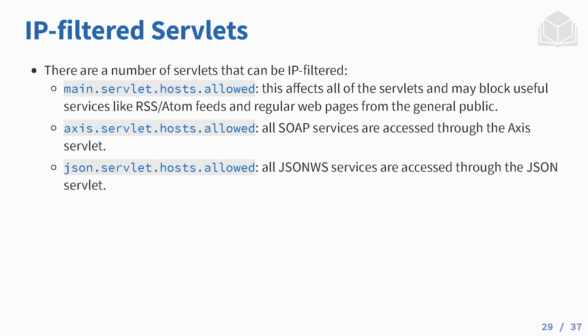How do you configure them? Well, on the IP side, you can basically list all of the IP ranges or server names that can access the main servlet, as it says here. Basically everything Axis or JSON web services. So whoever is allowed to access them will have this access on top of the regular permission checks.